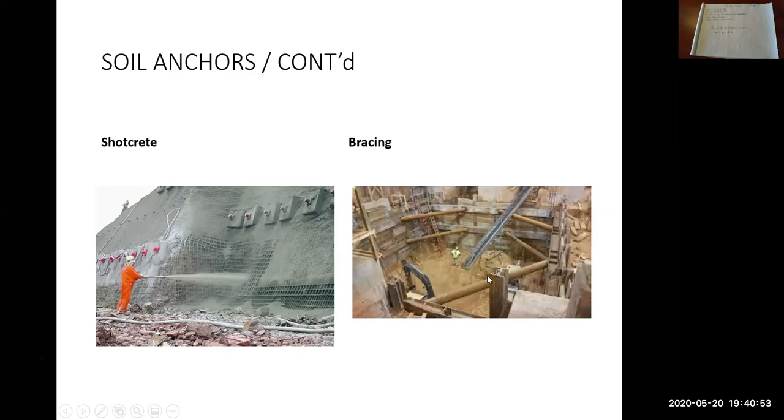The photo on the right, again, shows additional bracing. It looks like this is a different type of system. This looks like H piles. Think of the letter H. Here's an H pile right here, or an I-beam, some people call it.